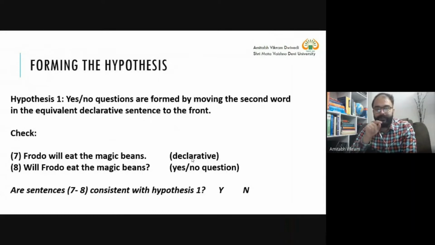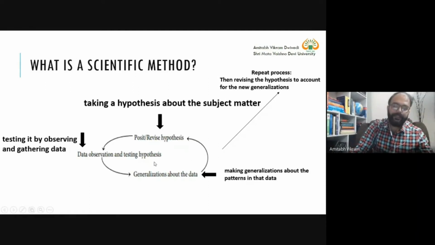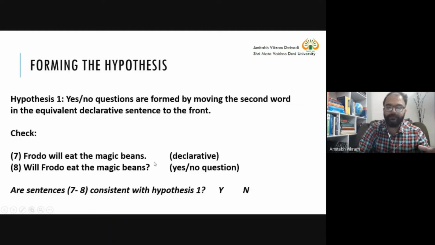We will say yes-no questions are formed by moving the second word in the equivalent declarative sentence to the front. Fine. Like here, has is the second word. So if we want to make it a question, we can say, hasn't John eaten anything? Then it will become yes-no type. We have 6 sentences and we have posited this hypothesis. Now we have 2 more sentences and we will try to look at whether it is fine or not.